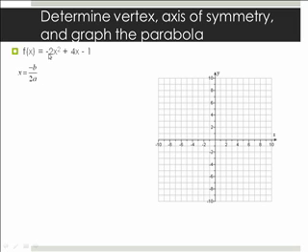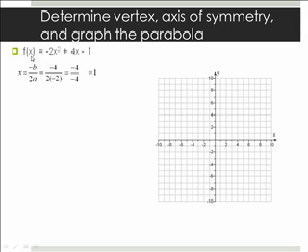Okay, so in this case, a is negative 2, b is 4. So you get negative 4 over 2 times negative 2, or negative 4 over negative 4, which is 1. So x equals 1 is the x value for the vertex.